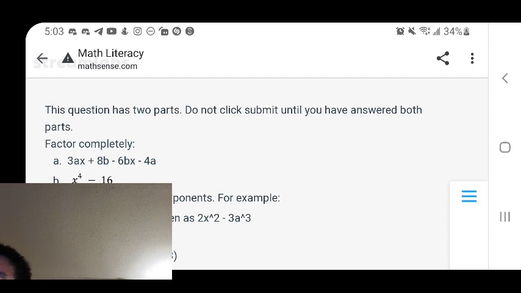Factor completely the part A, the 3ax plus 8b minus 6bx minus 4a. What's the 3a and x?